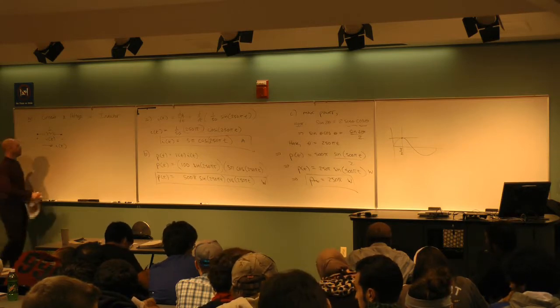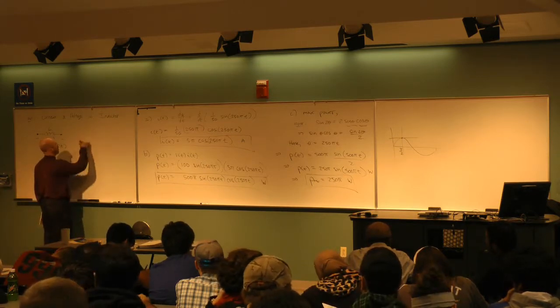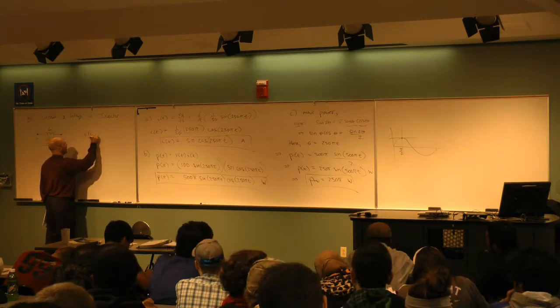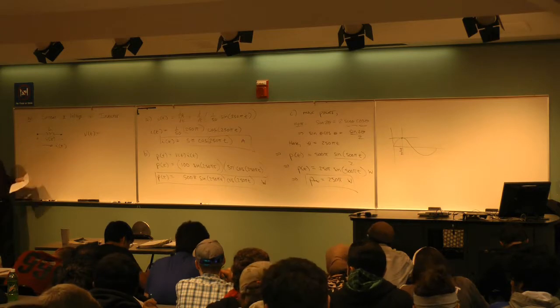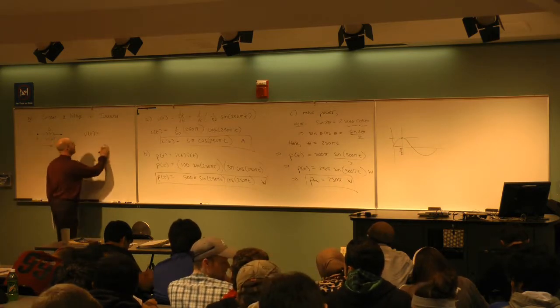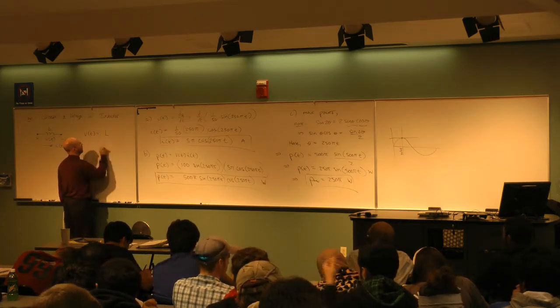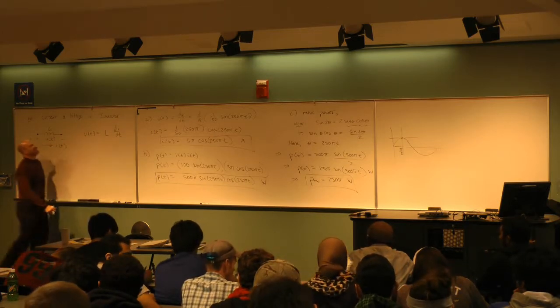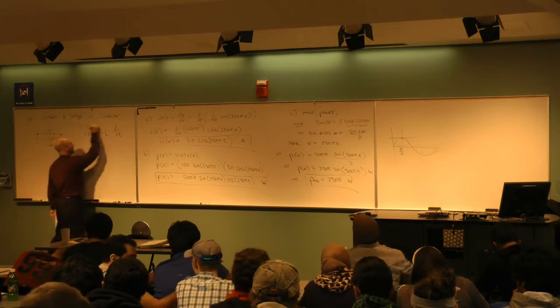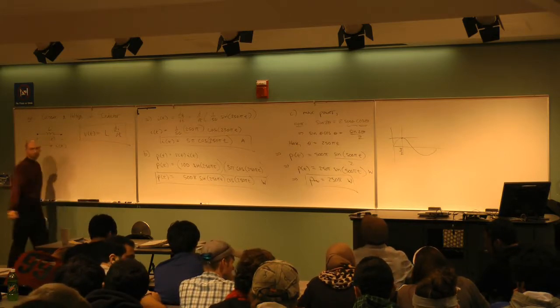It turns out that the governing law here is the following. The voltage drop across an inductor is related to the derivative of the current. The relationship is L times di dt. This is the basic way that an inductor works.